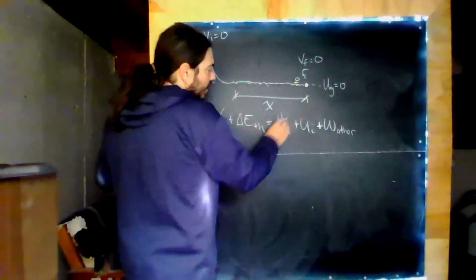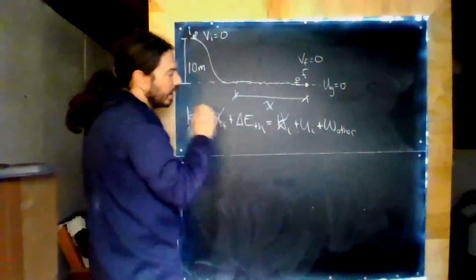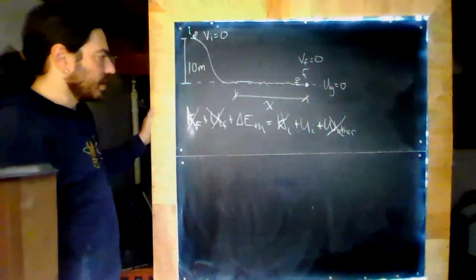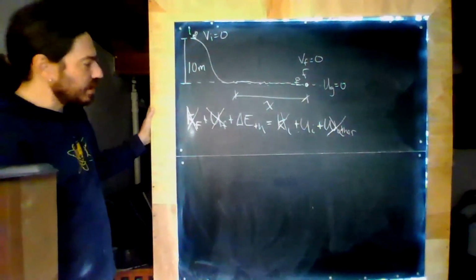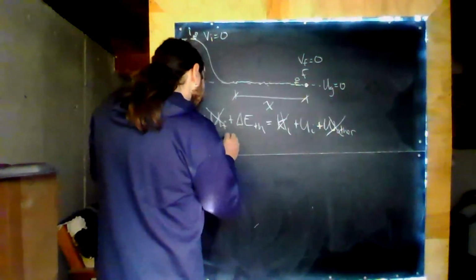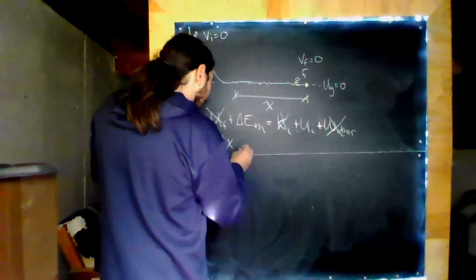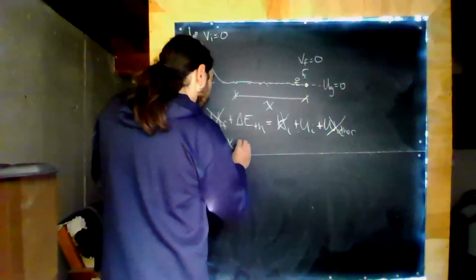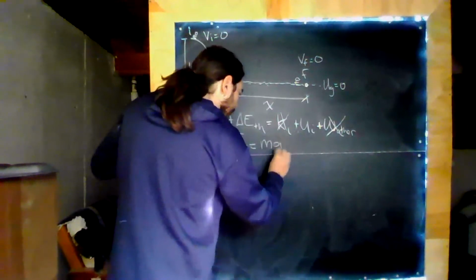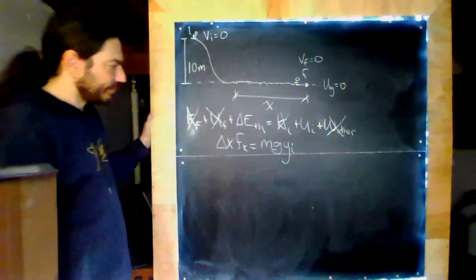Initially, there is no kinetic energy. There is some potential energy because he's at the top of the hill. And no other work, as is usually the case. Okay, so we're actually doing pretty good here. E thermal is equal to delta x times the force of kinetic friction, and that equals m g y initial.